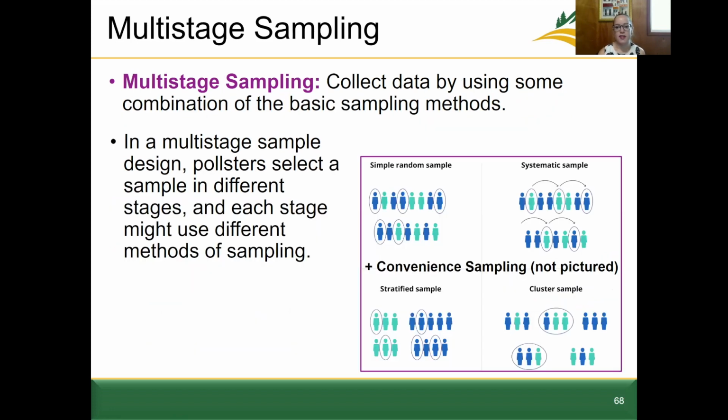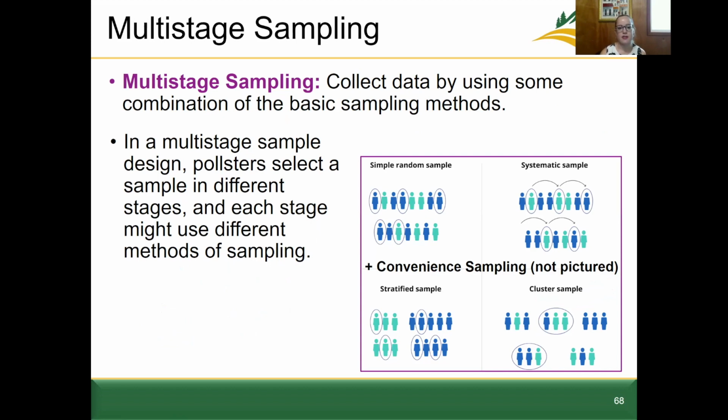There's also multi-stage sampling. All this means is collecting data by using some combination of the basic sampling methods that we just went over. In this picture, we have simple random sample, a systematic sample, stratified sample, and cluster sample, and then convenient sampling too, which is not pictured, but that's another one we went over.